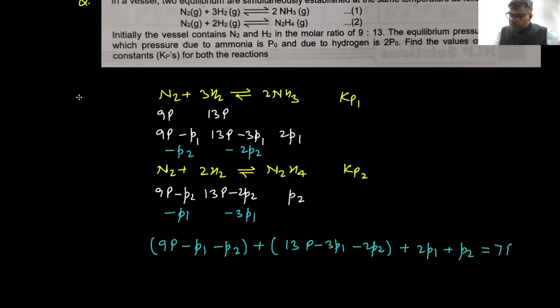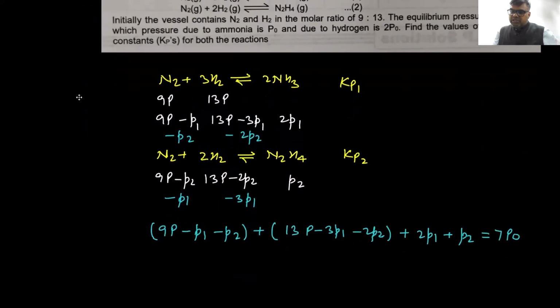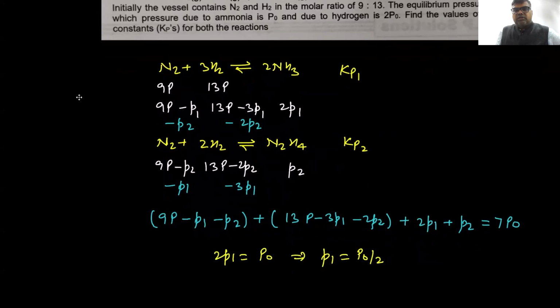This is given to you as 7P naught. Second, the partial pressure of ammonia is P naught. So I can write 2P1 as P naught, or simply P1 is P naught by 2, which we can replace in all the parts. Third, it is given that the partial pressure of hydrogen is 2P naught. So I can write 13P minus 3P1 minus 2P2 as 2P naught.